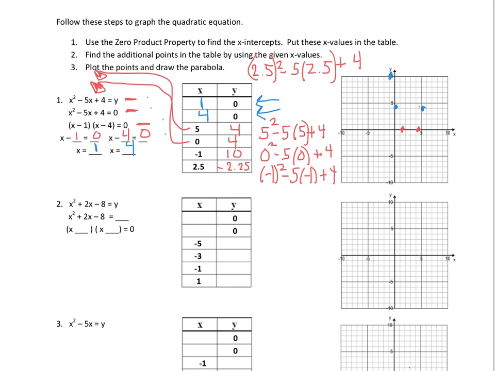Well, it seems right. So over 2.5, 1, 2, and then down 2 1/4. Which is hard to see there.